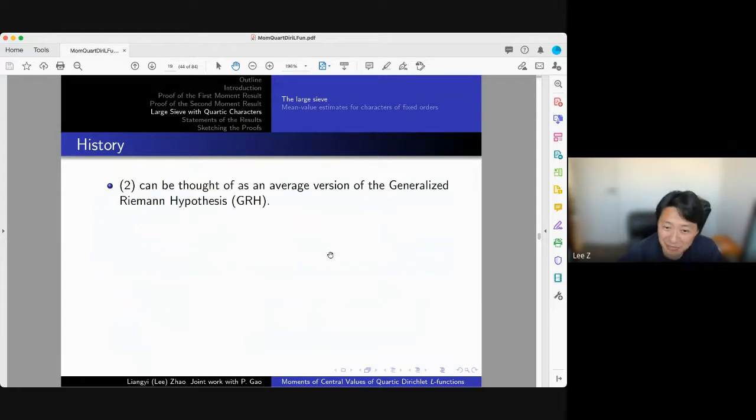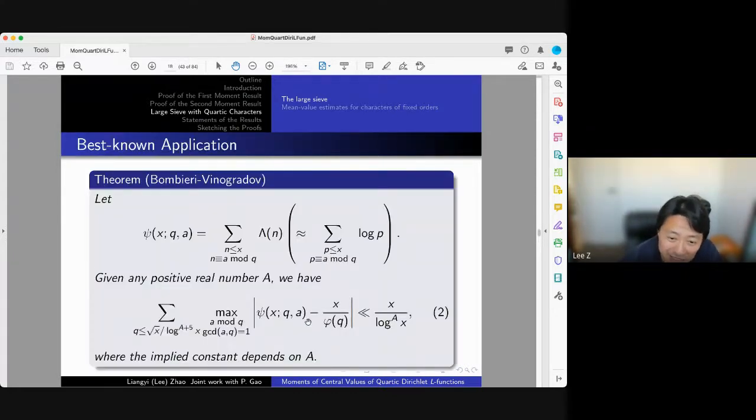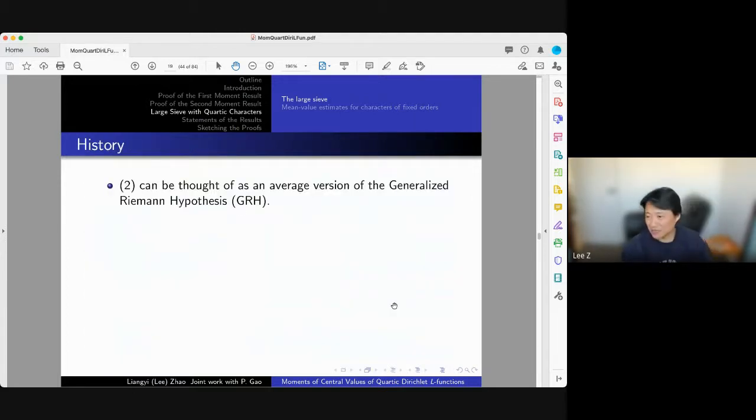If each one of these error terms is square root of x, and we're adding up square root of x of them, then we expect the sum to be less than x, right? Square root of x times square root of x is basically x. So this is an average result, so it's not as strong as GRH, but GRH basically implies this. It's a result whose quality is on par with GRH.